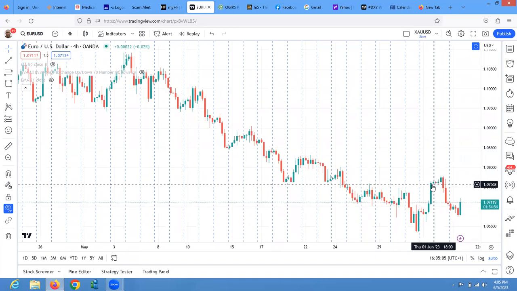A structure break tells you that is the end of a particular trend, be it 30 minutes time frame, 15 minutes time frame, 1 hour or 4 hour or daily time frame or weekly time frame or monthly time frame. So once you see a structure break, it means that the move is going to be in the line of that structure that was broken.